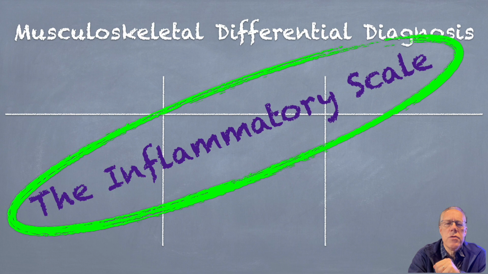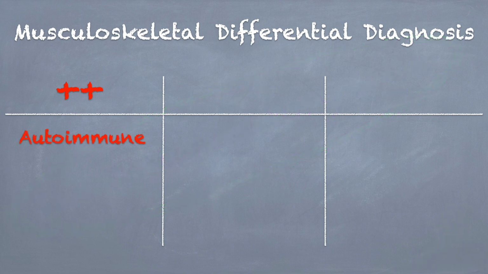And what we're going to do is break down an assessment of inflammation causing the joint pain into people that have a lot of inflammation, people that have a little bit of inflammation, and people that have no inflammation. So let's look at first people with a lot of inflammation, because often that's caused by autoimmune problems.